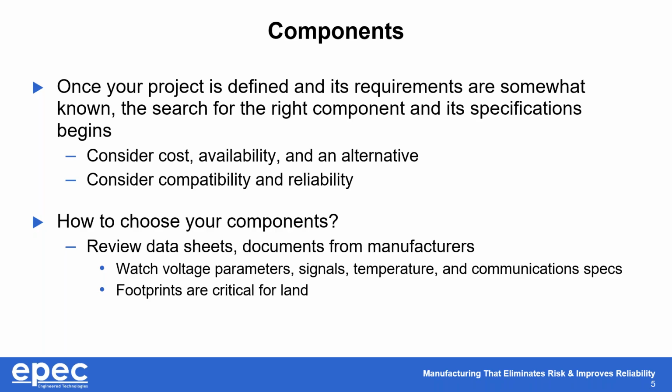Review data sheets, documents, manufacturers, and any information you can get online. Most manufacturers of components have data sheets that you can download online. Watch out for your voltage parameters, signals, temperatures, communication specifications, and what your footprint or land is going to be for that requirement.